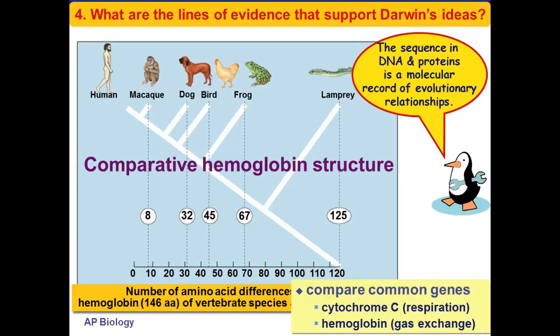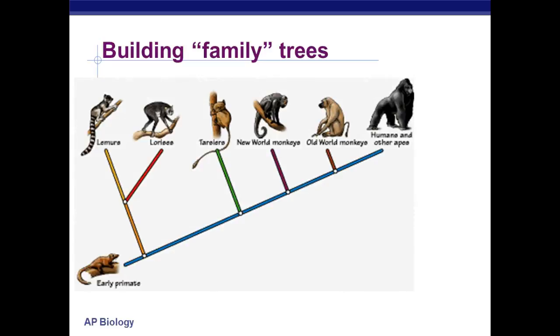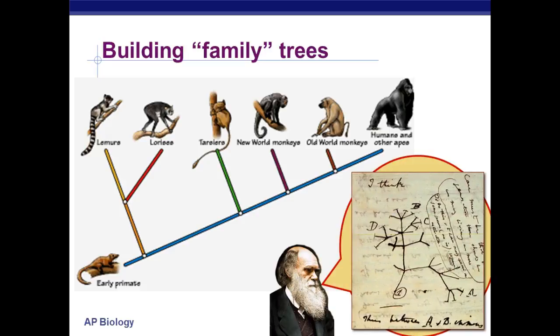We can run similar comparisons to other genes that all vertebrates have in common, like the cytochrome C gene used in respiration in our mitochondria, and we can come to similar conclusions. We can even do this for even closely related groups like primates. We can count the number of differences and see when various primate ancestors separated from a common ancestor.